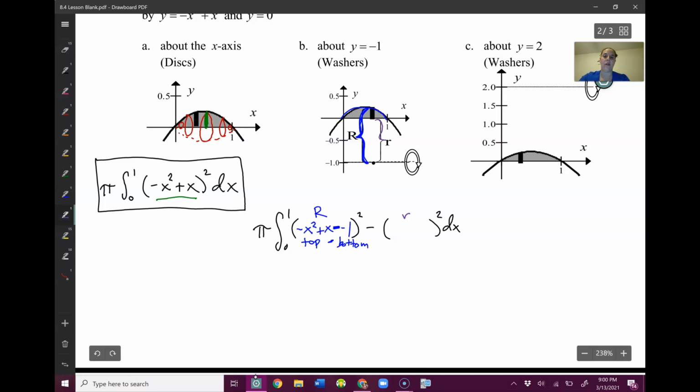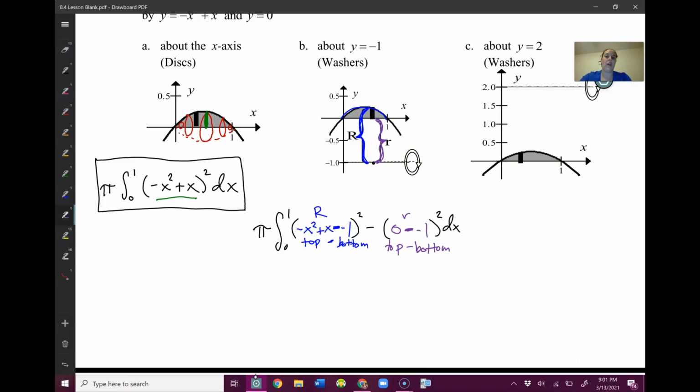Now I look at my little r. And same thing, I can still think top minus bottom. Well, this top line is at 0 minus my bottom line is -1.